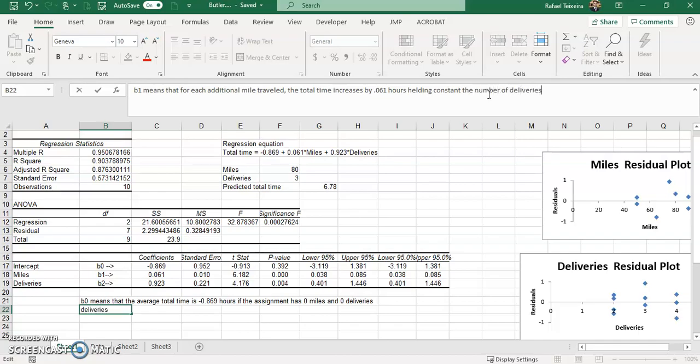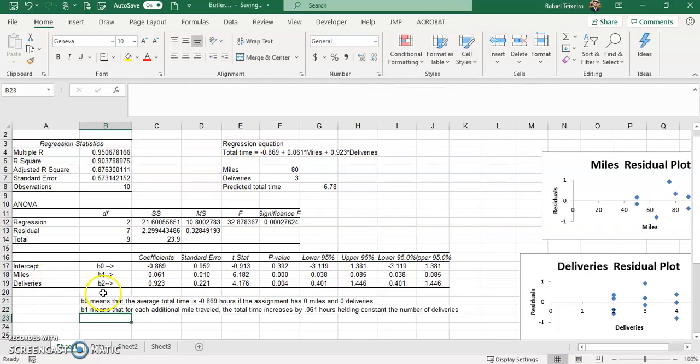So when we interpret one of these coefficients, we always assume that the other variables are not changing. They are held constant. That's the main assumption in the interpretation.